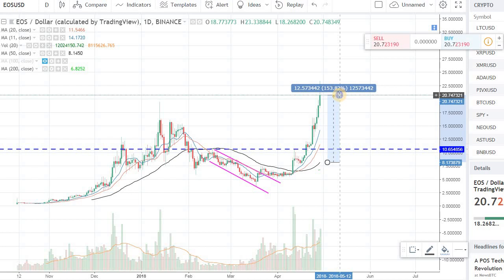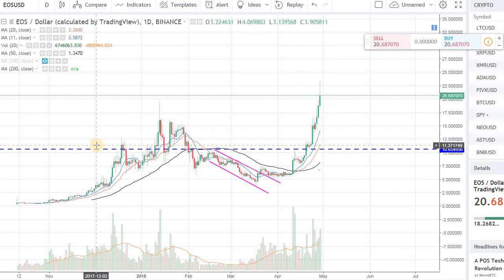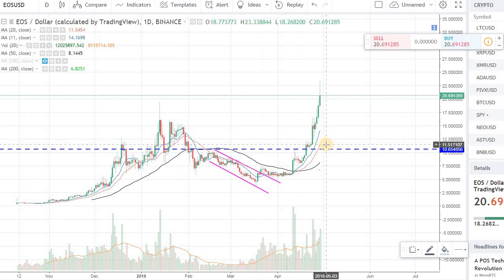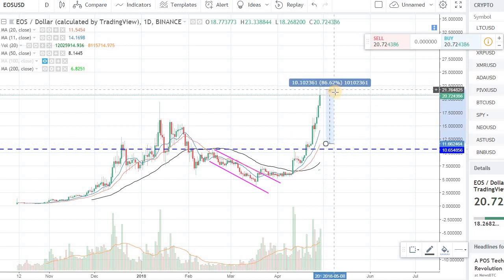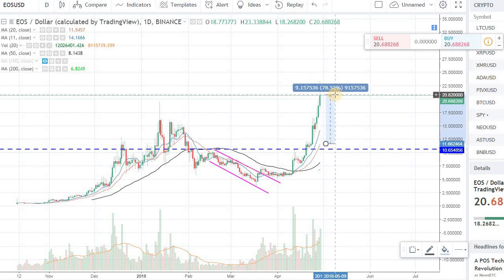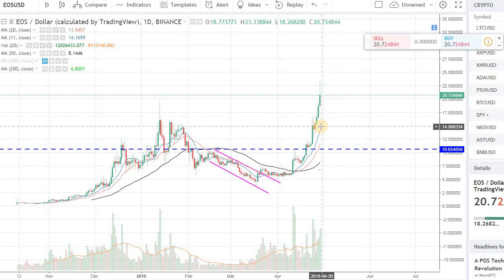Now let's talk about the 20-day moving average, which a lot of swing traders and day traders also look at. The price is almost 78 to 80% from the 20-day moving average. Again, price action seems to have gone too much too fast.